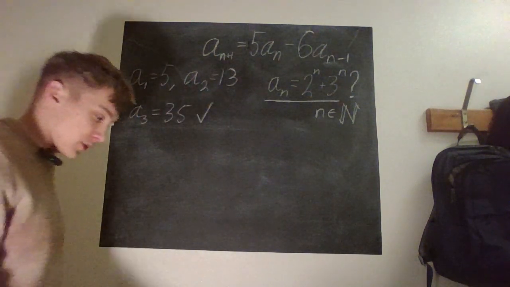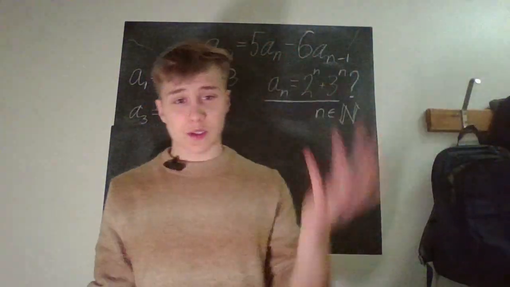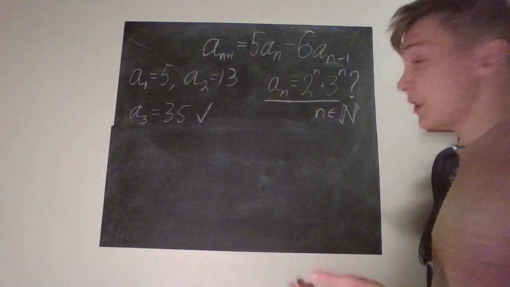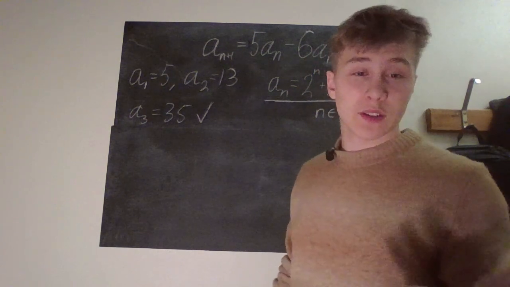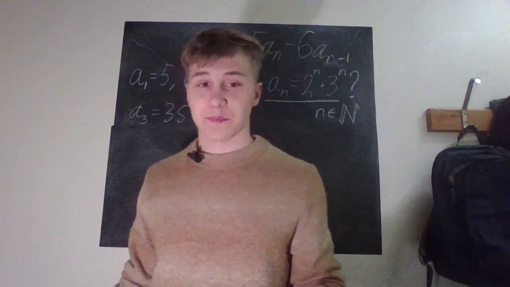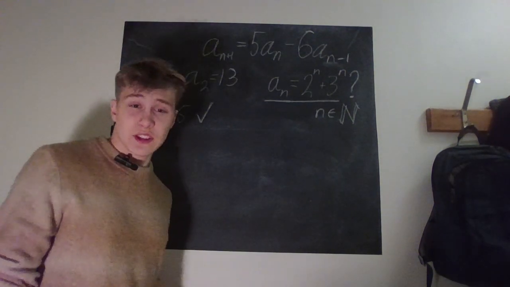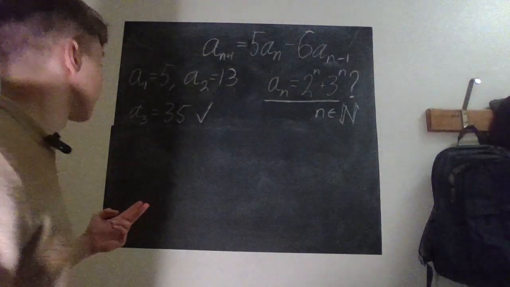And what do we do now? Now it gets weird. Because we have a recursion that's based on the two previous values, what is our induction hypothesis? Actually, that question is incorrect, because we need two induction hypotheses.